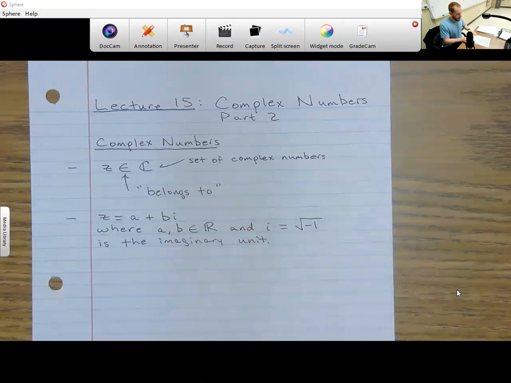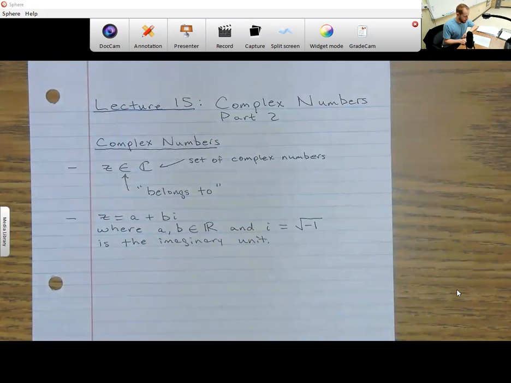And that's pretty much what i stands for. i is going to be equal to the square root of -1. So one of the reasons why we use complex numbers in math is because we want to be able to take square roots of negative numbers. And you'll see that a little bit later today.